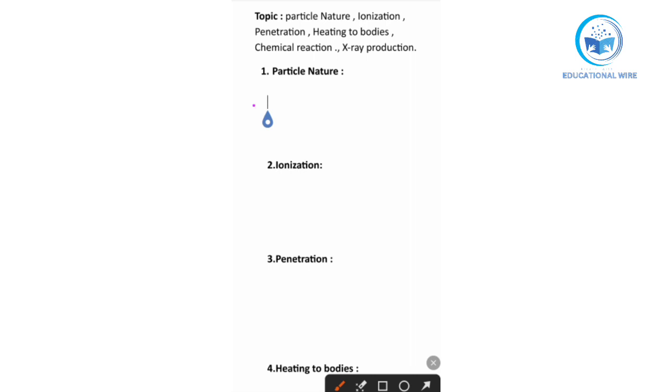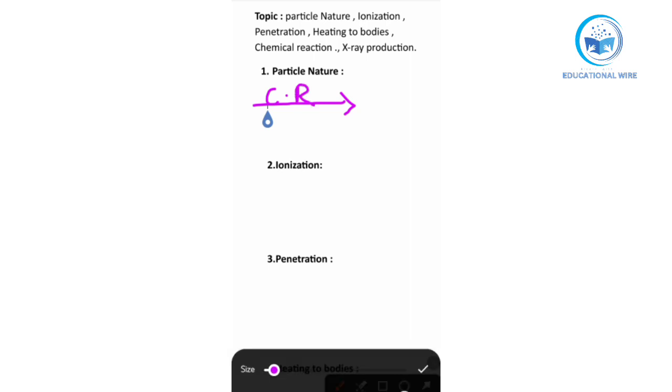Let's suppose that we have one line over here, and you can give a name to this line, cathode rays. After that we have one wheel. When it touches this wheel, it produces momentum.